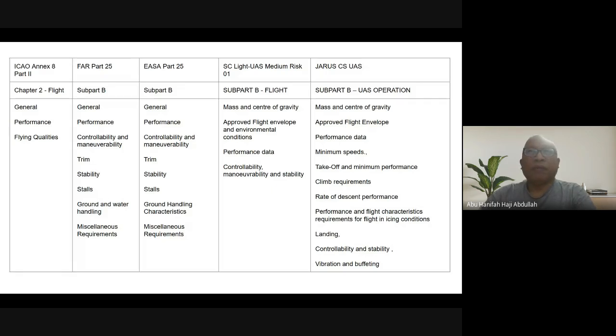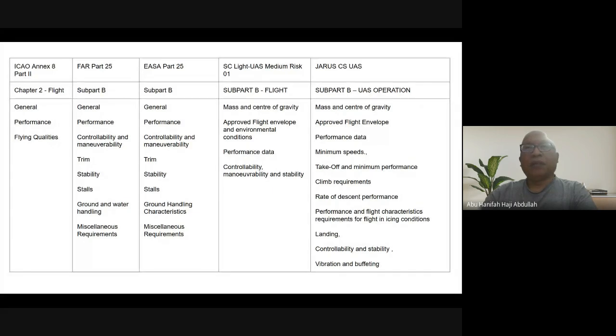So Part 25, first subtopic is general, and second we have subtopic on performance, and then another subtopic on controllability and maneuverability, and then trim, stability, stalls, ground and water handling, which EASA has a bit differences.